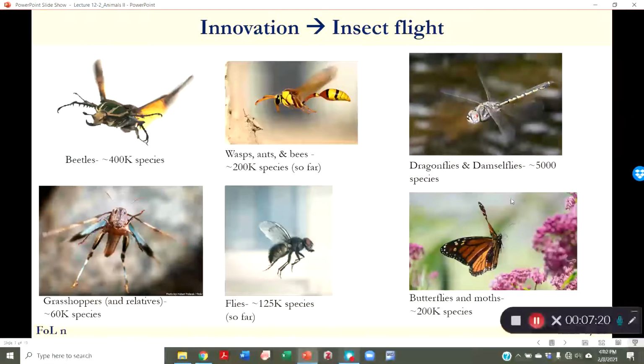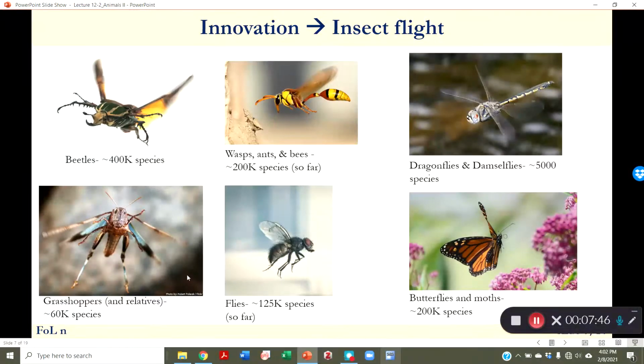We've got about 5,000 species of dragonflies and damselflies, about 200,000 species of butterflies and moths, 125,000 species of flies, and that's another group where, when people do surveys in these hyperdiverse tropical forest canopies and other places that haven't received as much study, they're finding new species of flies.